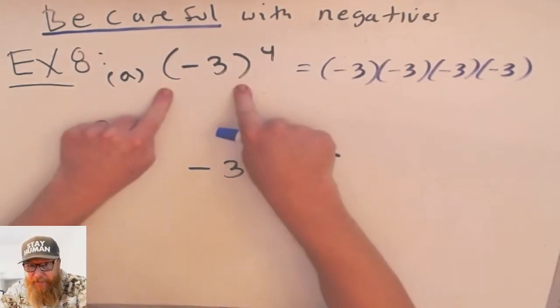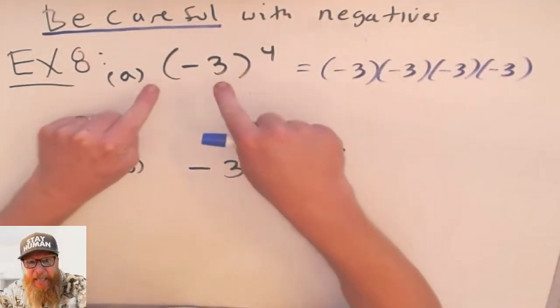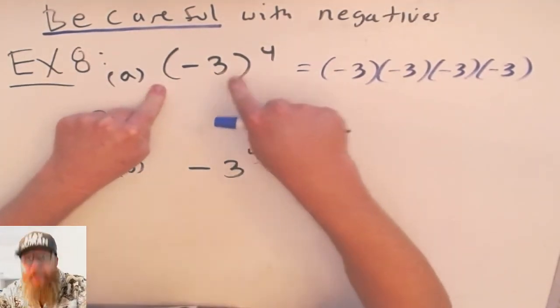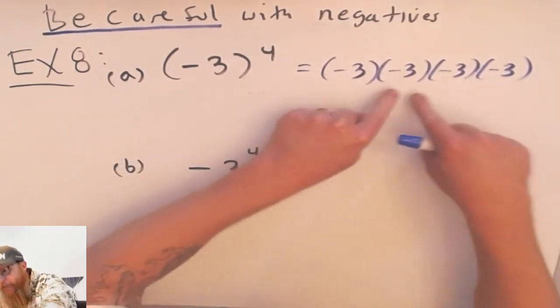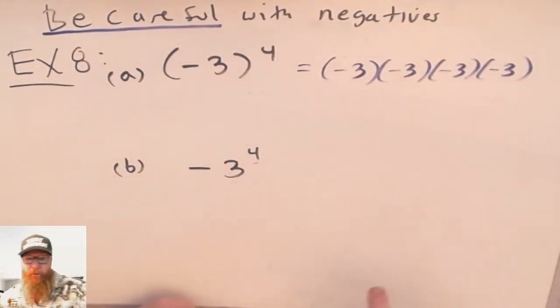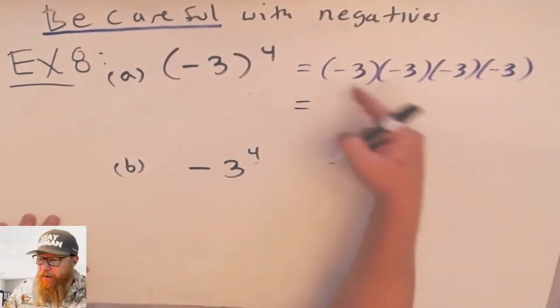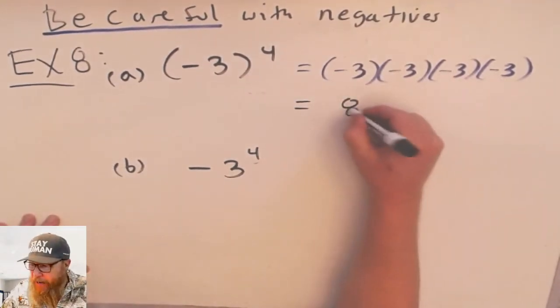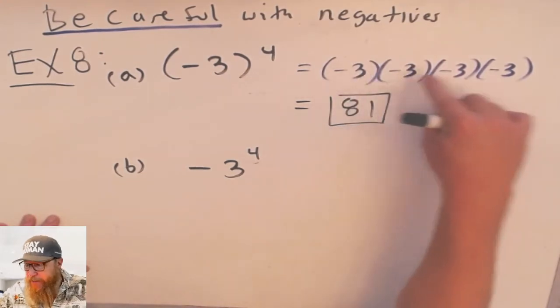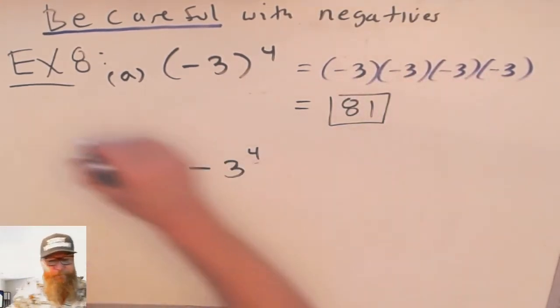So this literally reads negative 3 multiplied by itself 4 times: negative 3 times negative 3 times negative 3 times negative 3. That's 4 negatives, so the answer is positive 81. 3 times 3 times 3 times 3 is 81.